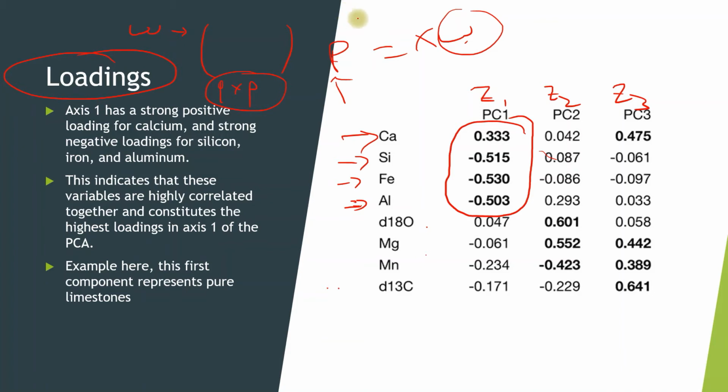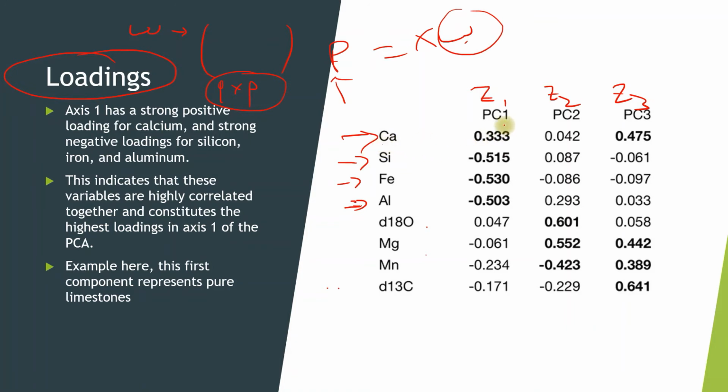And you will see that you will have Z1, Z2, Z3, and just take a look at what's going on. Have a look at the magnitude. You don't need to worry about the sign. The sign does not mean much with regards to the analysis, because it depends a little bit on the software that you're applying. So the sign, don't worry about it. But look at the magnitude of each of these variables.